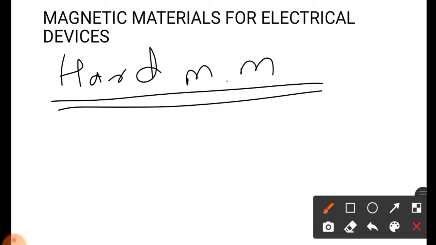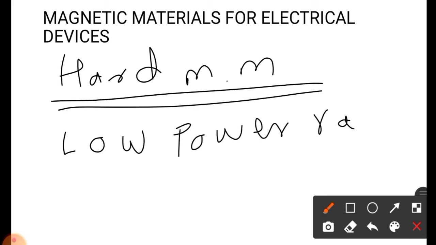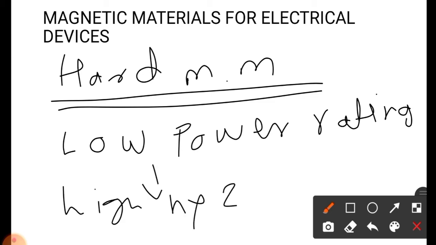Now we will see the applications of hard magnetic material in electrical devices. Because of the high hysteresis and high eddy current loss, this material is used in low power rating machines.